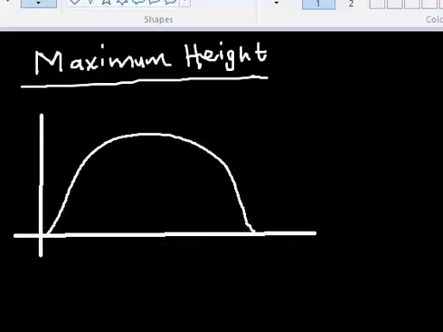If I want to measure the maximum height, it's always from the ground level, the vertical distance from the ground level to the point where the projectile reaches its maximum height. So that's h. This is the maximum height of this projectile.